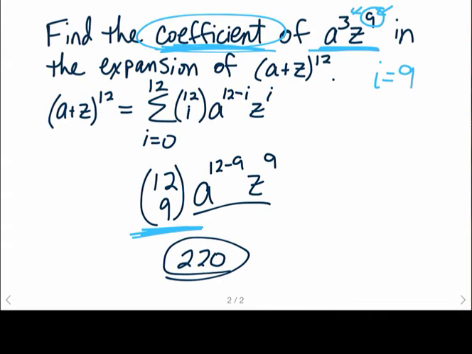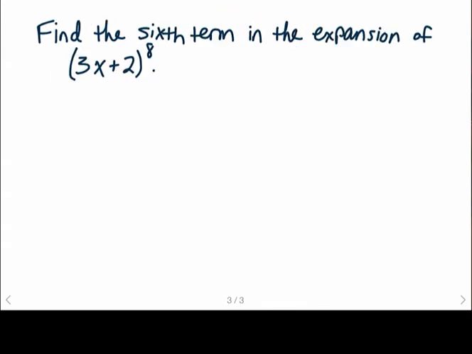Yep, it's that straightforward. Next, find the sixth term in the expansion of (3x plus 2) to the 8th power. Well, again, let's recall from the binomial theorem that (3x plus 2) to the 8th power is the sum as i goes from 0 to 8. Now look, we have 3x in place of what has been x, or in the last example, a, in the first term.